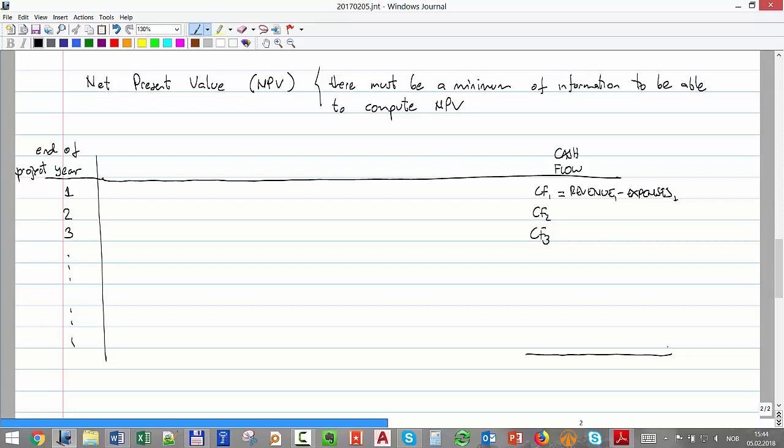Due to inflation, due to different things, the money in 10 years won't have the same value as the money today. Okay, so you have to make a discount before summing all of them up. You have to put them at the same reference. All the money has to be taken to the same reference, and in that case, usually the reference is year 0. Okay, project start. Let's put it here.